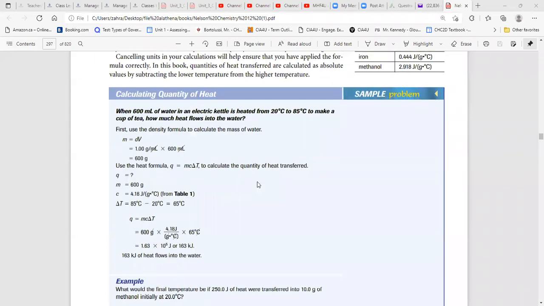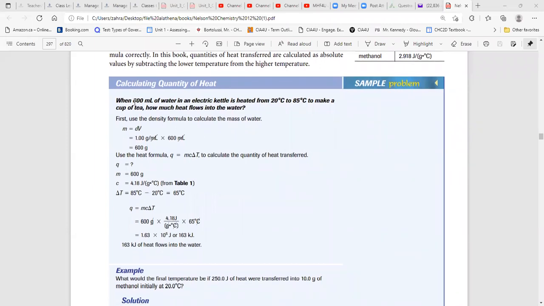Now let's look at this question. When 600 milliliters of water in an electric kettle is heated from 20 to 85 degrees to make a cup of tea, how much heat is transferred into the water? I need the mass of the water, but I have the volume.